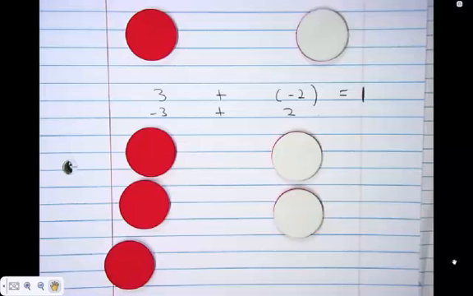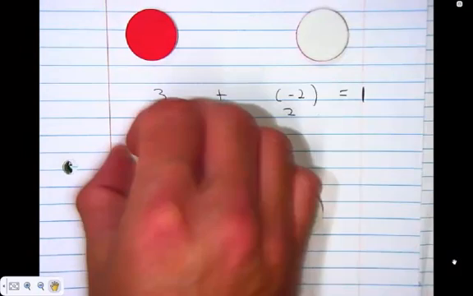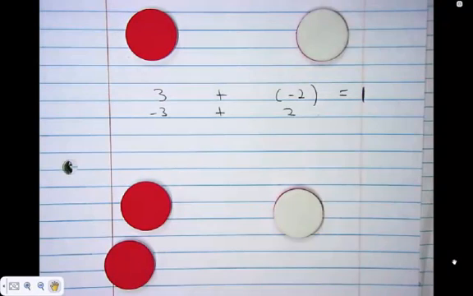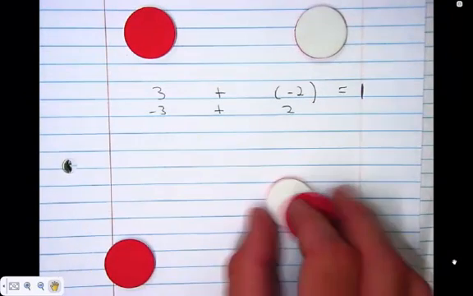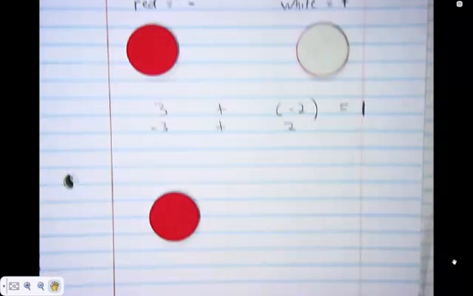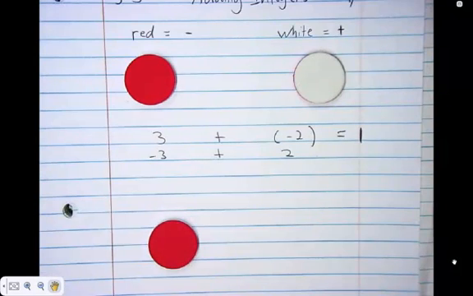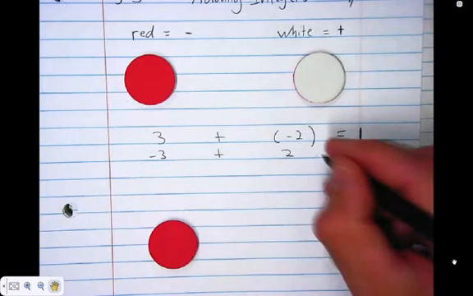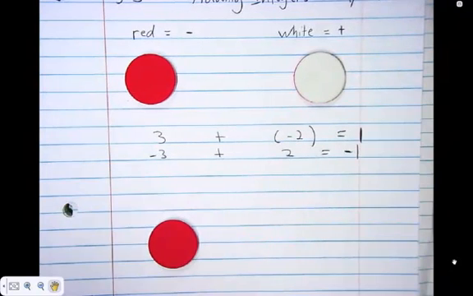So these 2 will get in a fight and go away, right? Then you're left with 1. And what did we say red was? Negative. So the answer would be negative 1, because there's only 1 left over. They pair off and go away.